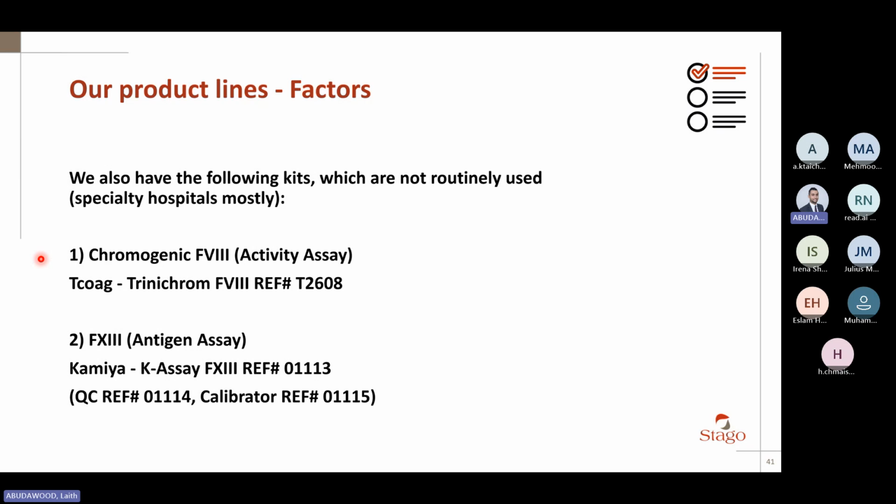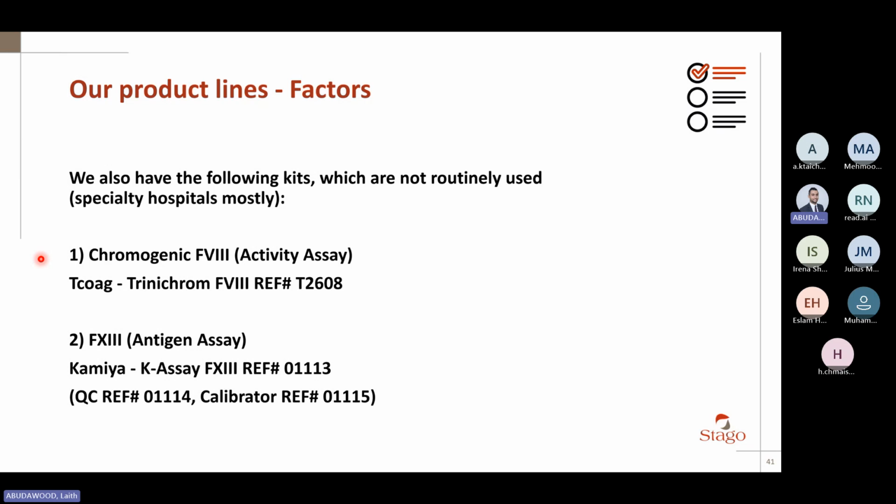As the name implies, chromogenic factor 8 relies not on the clotting of the sample, but on changes in color. It's like the antithrombin assay. So it's a chromogenic assay, but it's an activity assay. If there's an activity defect with factor 8 or a quantitative defect, we can detect both.